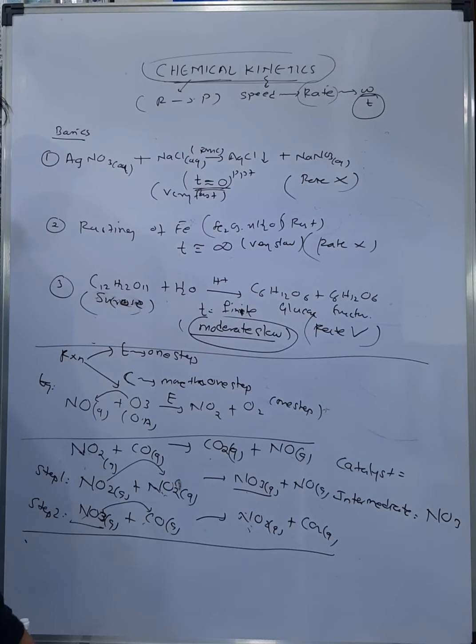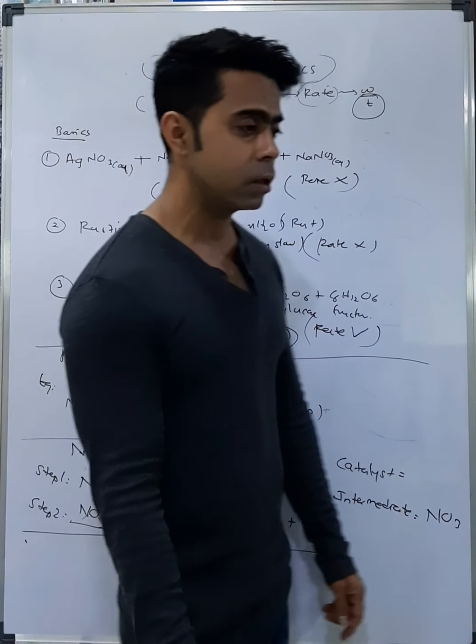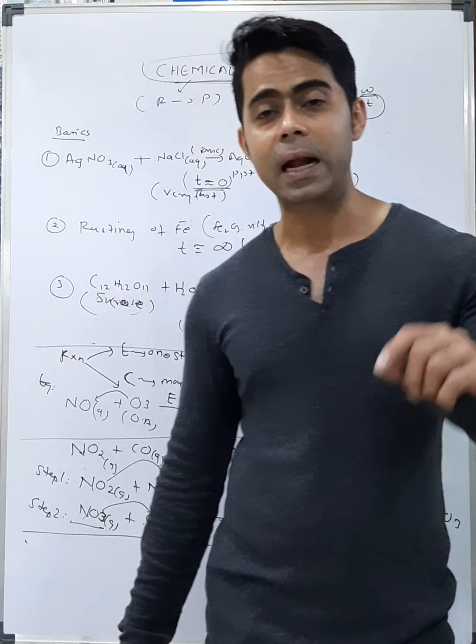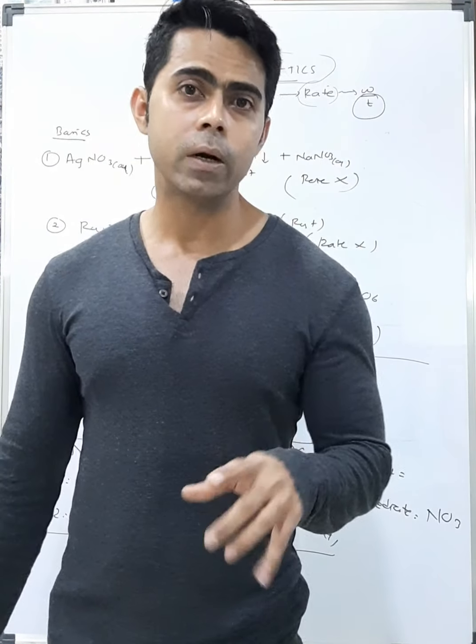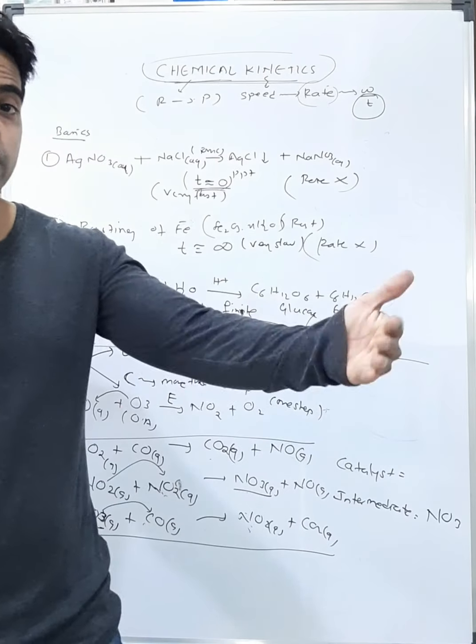What about a catalyst? What is the job of a catalyst? If you have studied surface chemistry properly, it says that catalysts are those species which never get consumed but always participate in a reaction.